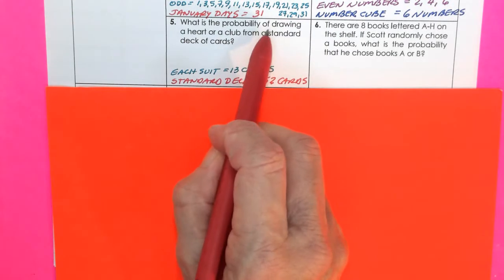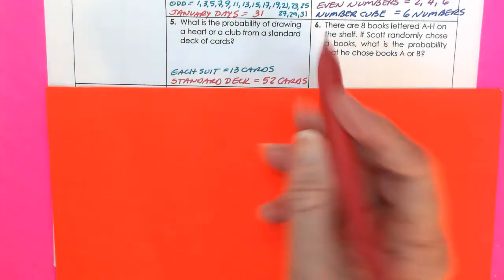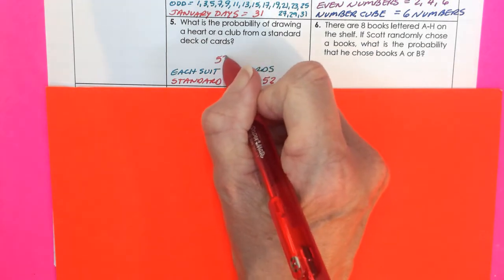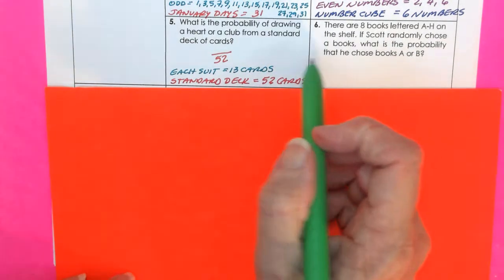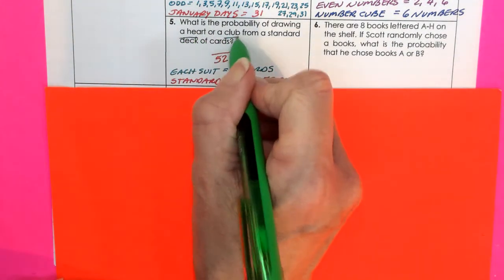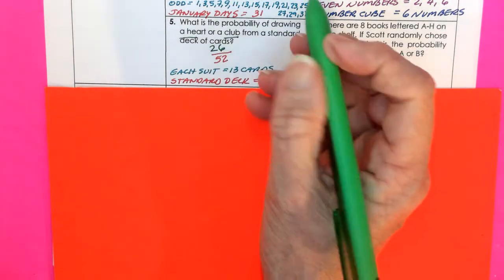Another example, it's probably getting to where you don't need these anymore, but feel free to keep looking. What is the probability of drawing a heart or a club from a standard deck of cards? Well, you have to remember, it's written here at the bottom, a standard deck always has 52 total cards in it. Each suit has 13 cards. So since they're doing heart and club, that's 13 plus 13, or 26 out of 52.